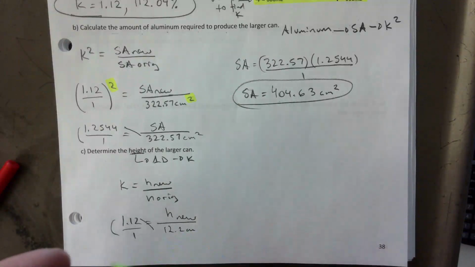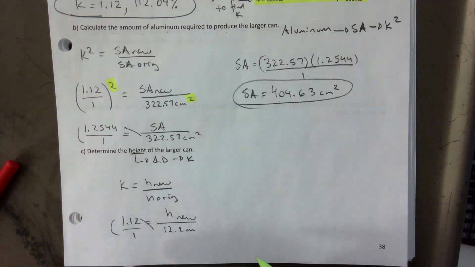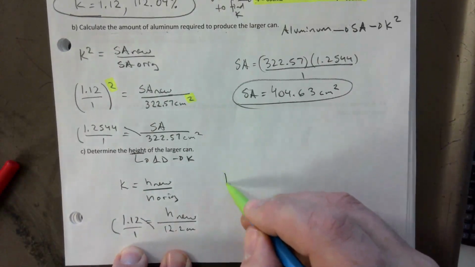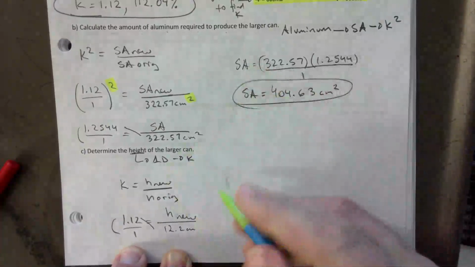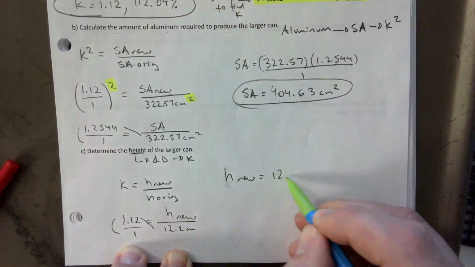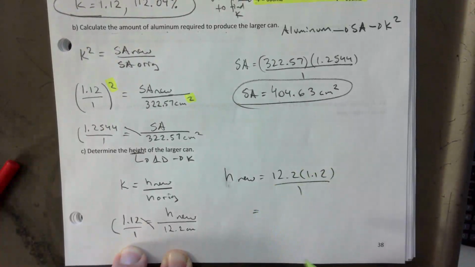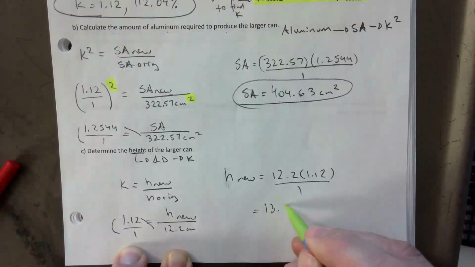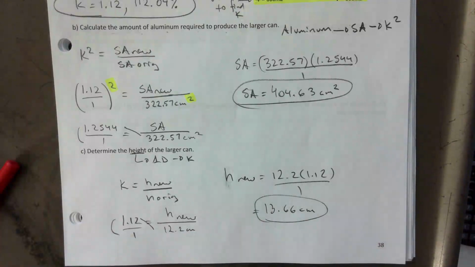The problem is, do I need to square it, cube it, or do something about it before I cross multiply and divide? So H new is equal to 12.2 times 1.12 divided by 1. And I'll just give you the answer. That's 13.66 centimeters. There we go.